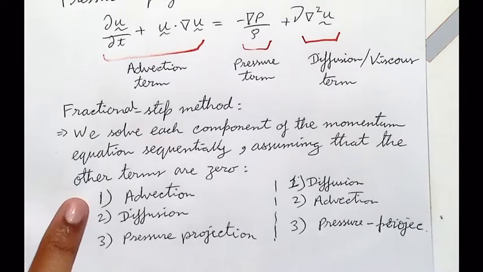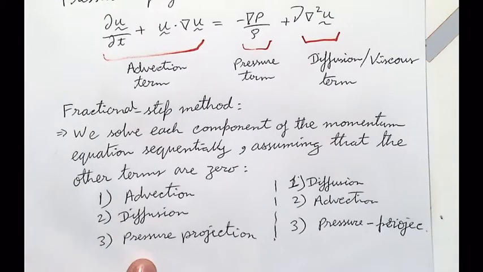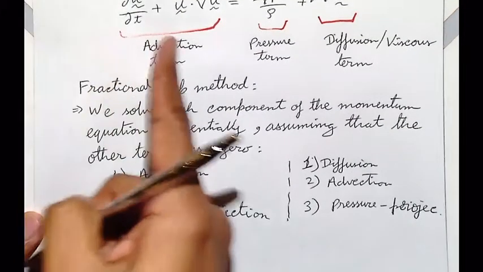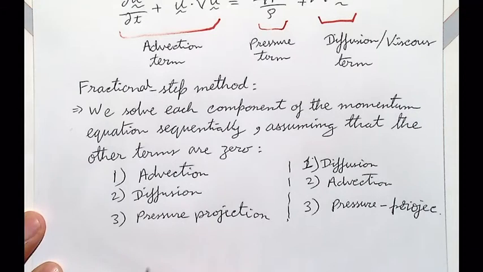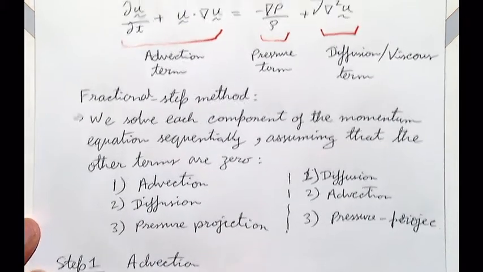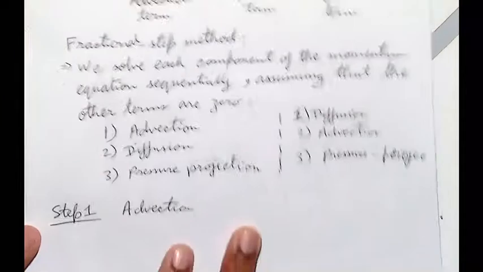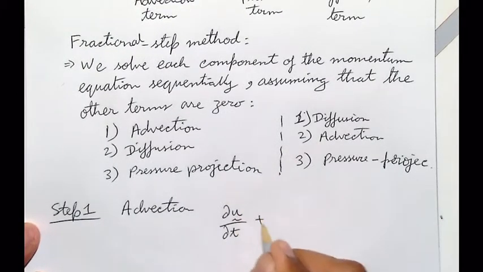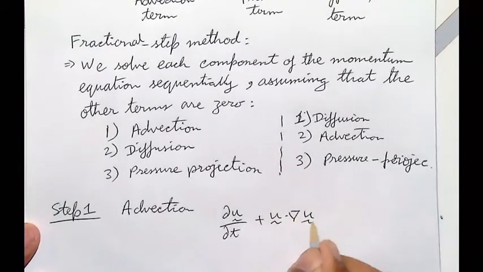Right? So, let's follow the first one: advection, diffusion, and pressure. If we write this out in terms of the mathematics, step 1, advection. I will just copy the advection part. You will say del u by del t plus u dot nabla u equals 0.